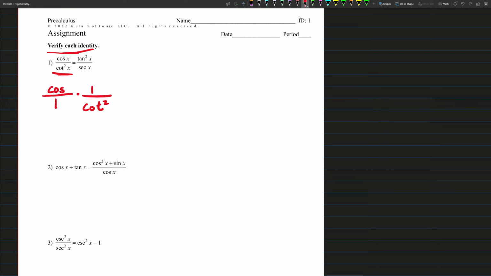So cosine in the numerator is equal to 1 over secant in the denominator. And then cotangent in the denominator, 1 over cotangent, is equal to tangent in the numerator. When we multiply those two things together, we get tangent squared over secant, which is exactly what we're trying to make sure it's equal to.